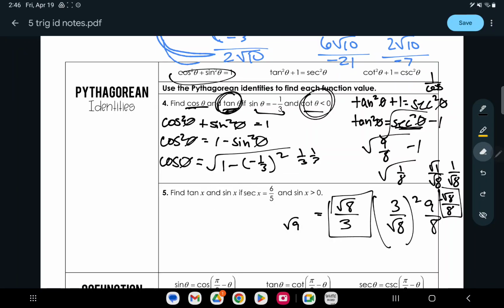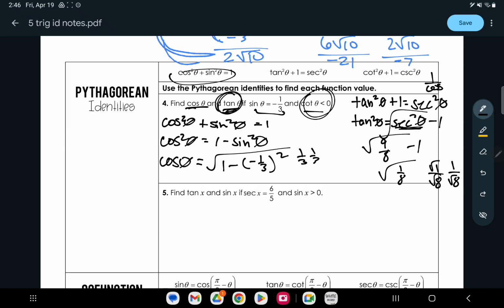All right. Tangent and sine if secant is that. Okay. So let's see, tangent squared equals secant squared minus 1. Well, I know what secant is. That's 6 over 5. So, all right, let's square it.